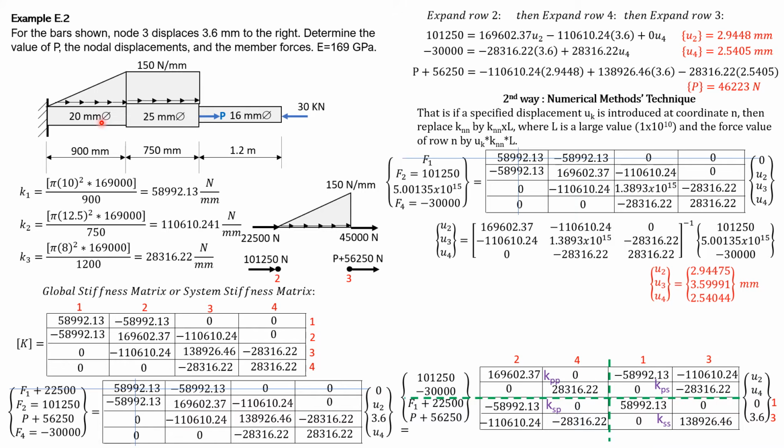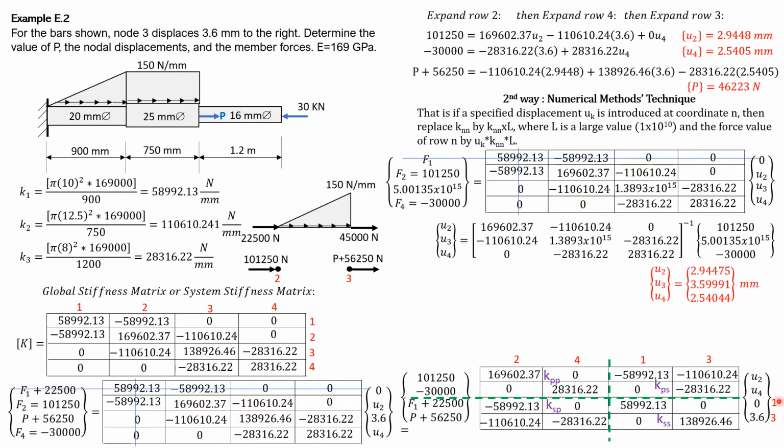So in this case, we do not know U2, we do not know U4. So we change the numbering, therefore, because this should be the row where displacement of 2 is found. Then next is U4 or row 4.